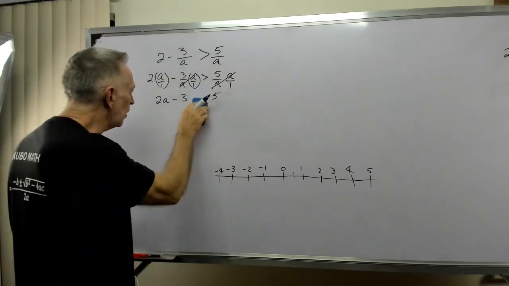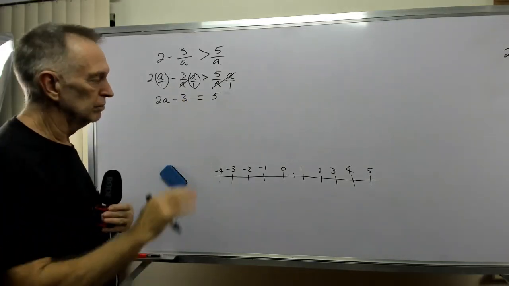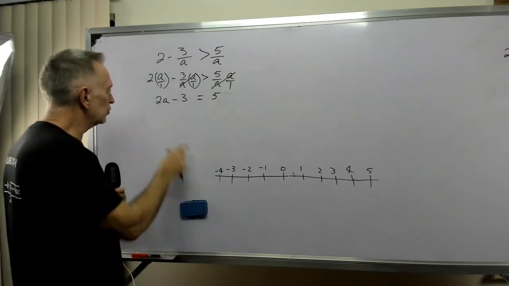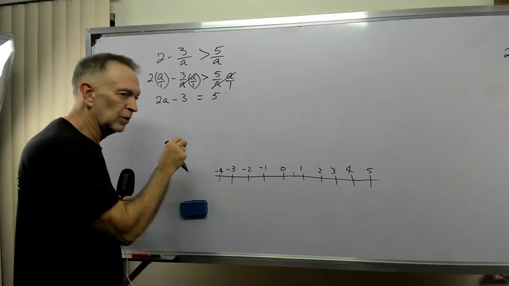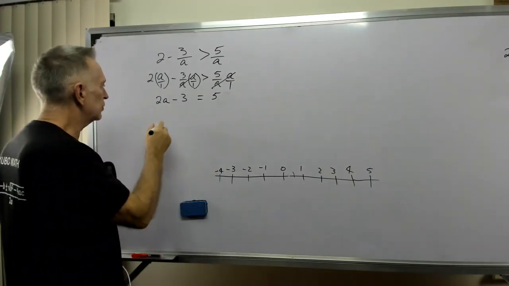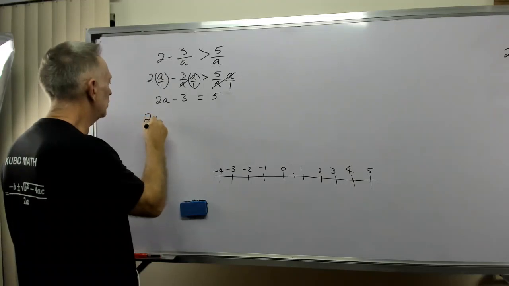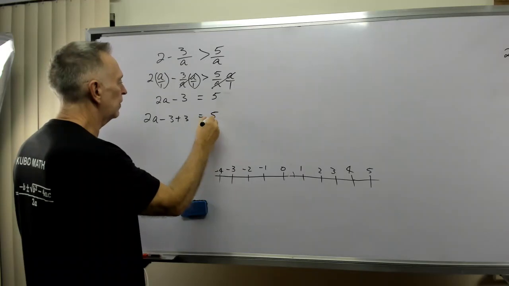Now for the moment, let's imagine this is equal. Knowing that we get a solution for a, it can't actually be that number, it can approach that number but not equal it. But for now, let's say it's equal. So 2a minus 3 plus 3 equals 5 plus 3.